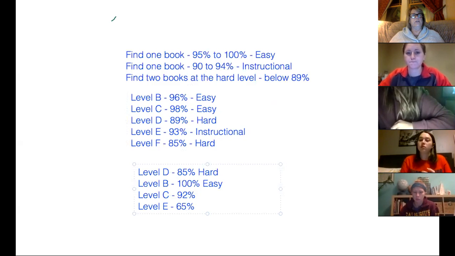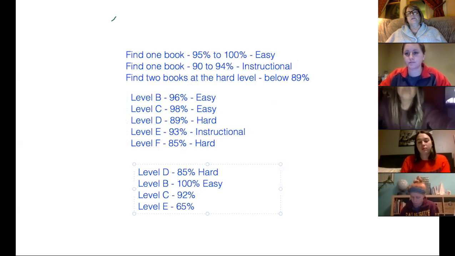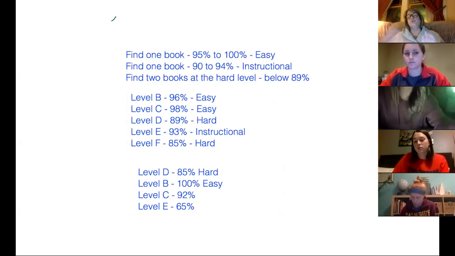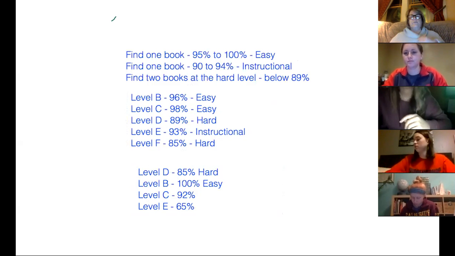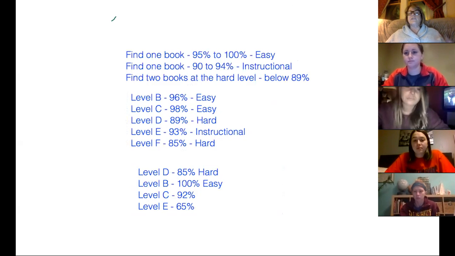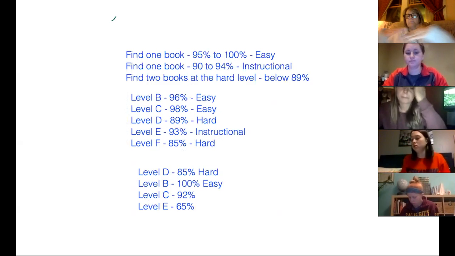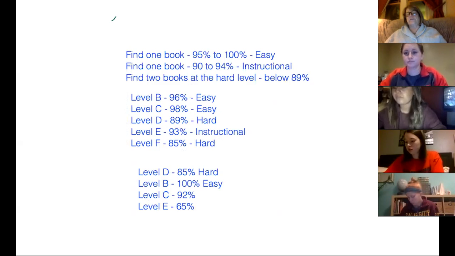They can't hardly read any words. I would stop it right then. So you do 2 hard levels unless you have evidence that it's too hard or they're going to cry or something. So we use 2 hard levels to just make sure we know that this is really the bottom books that they shouldn't be reading independently.